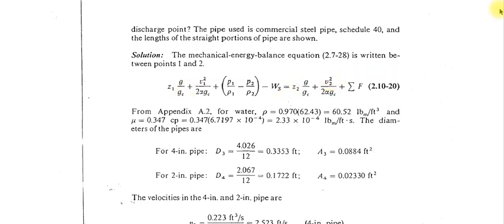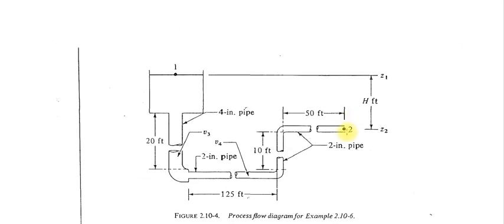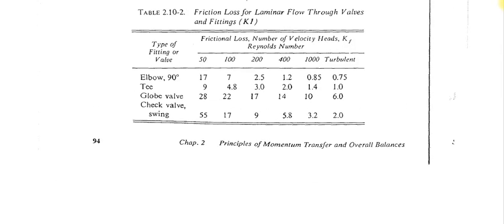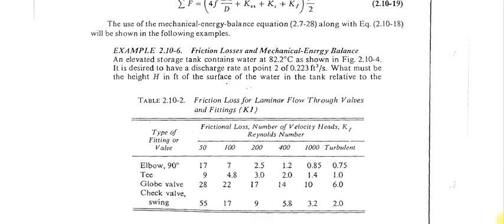V2 is given. How is V2 given? Because you know the cross sectional area of this pipe, and you know the flow rate. You have to calculate the H for this volumetric flow rate, 0.223 feet cube per second. When the flow rate is given and the cross sectional area of the pipe is given, where is the cross sectional area of the pipe given?